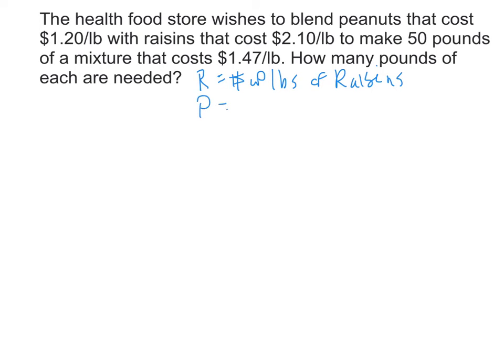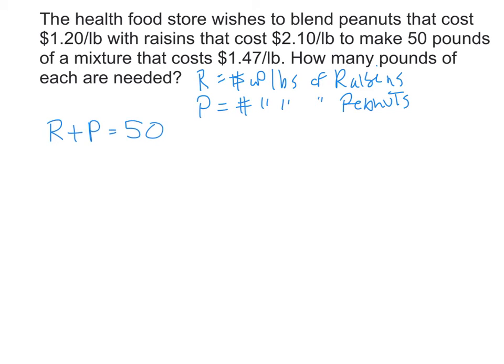So we'll say P equals number of pounds of peanuts. So we're going to need to once again write 2 equations since there's 2 kinds of items being mixed here. And this is going to allow us to write the equation that says the total number of pounds is 50 pounds. So that simply says R plus P equals 50.